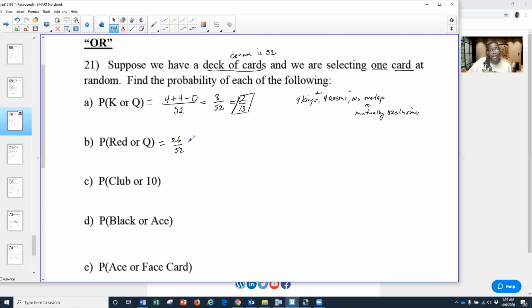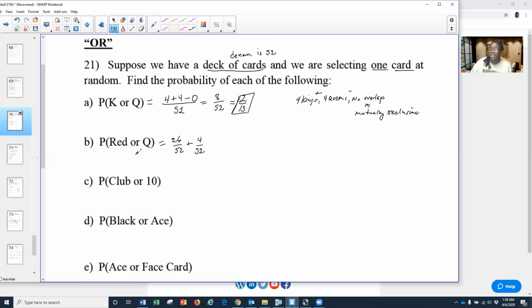Then I'm going to add that to the probability of getting a queen. We know how many we said that was. 4 out of 52. Now, we have a red card and a queen. Is there a card in the deck that could be a red card and a queen at the same time?